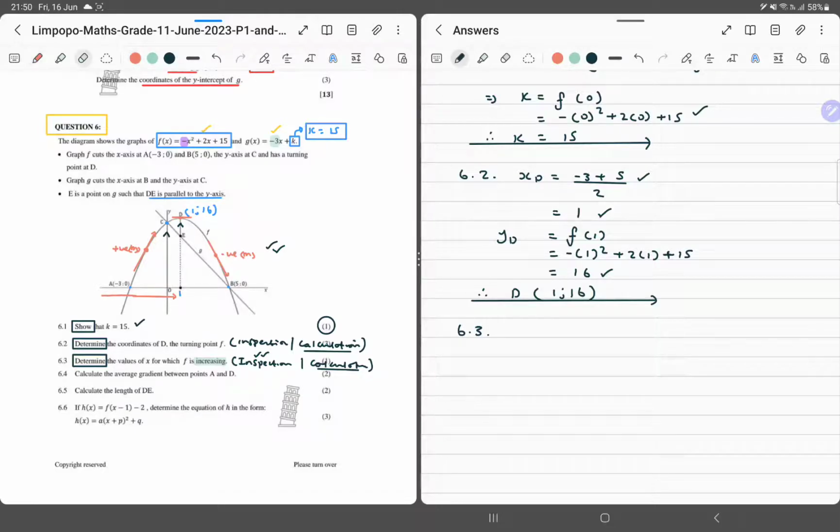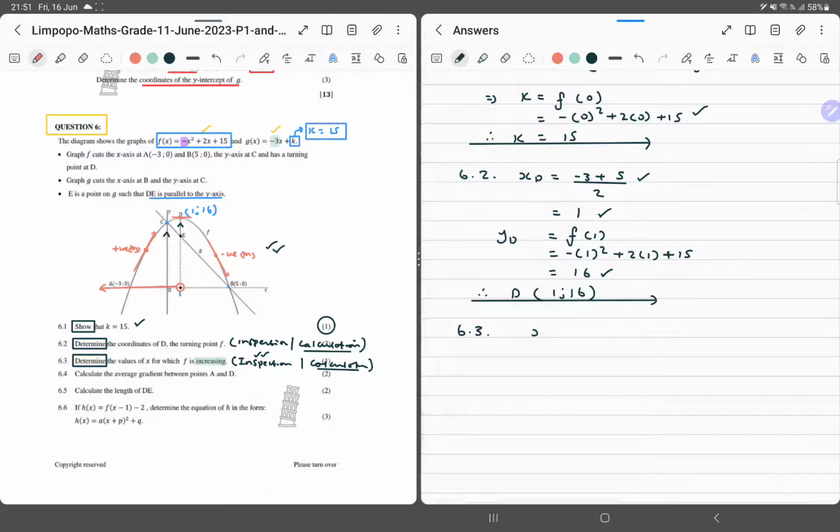Maybe it's even better to show it this way: the x-coordinate here is not included because the graph has 0 gradient in that position. But as we move to the left, we can see that our graph is increasing.